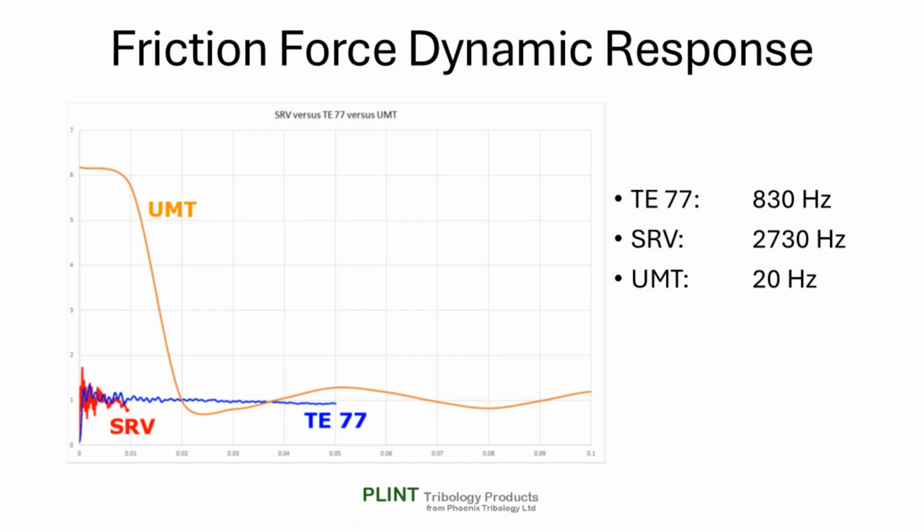This is because the device has a relatively high mass specimen assembly cantilevered off a relatively low stiffness force transducer. The SRV3 has the highest natural frequency because the specimen is attached directly to a very high stiffness piezo transducer.